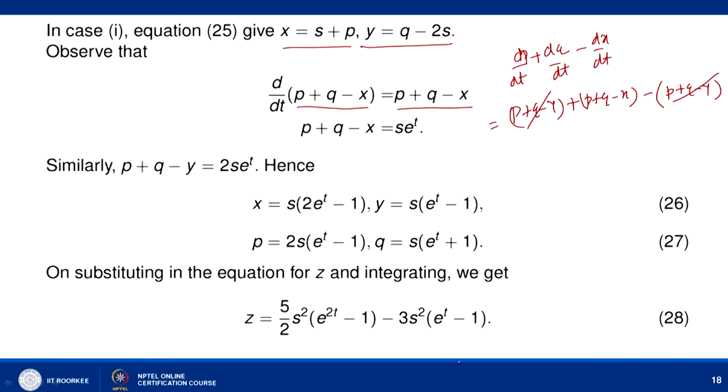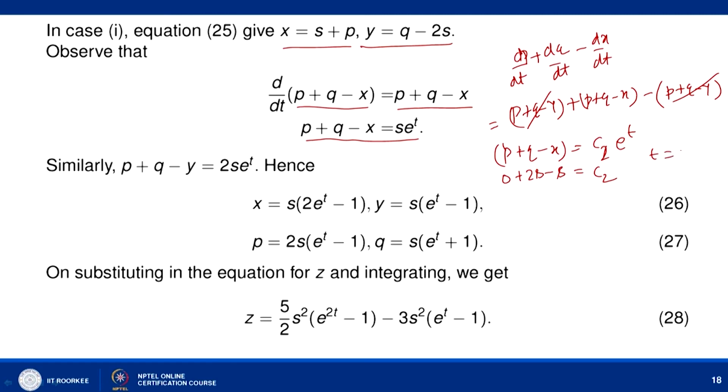So here we simply say that d by dt of p plus q minus x equal to p plus q minus x, and we can say that p plus q minus x is e to the power t. So we get that p plus q minus x equal to some constant, let us say c2 e to the power t. Now I need to find c2, and again we will use the initial condition, that is 0 plus 2s minus s equal to c2.